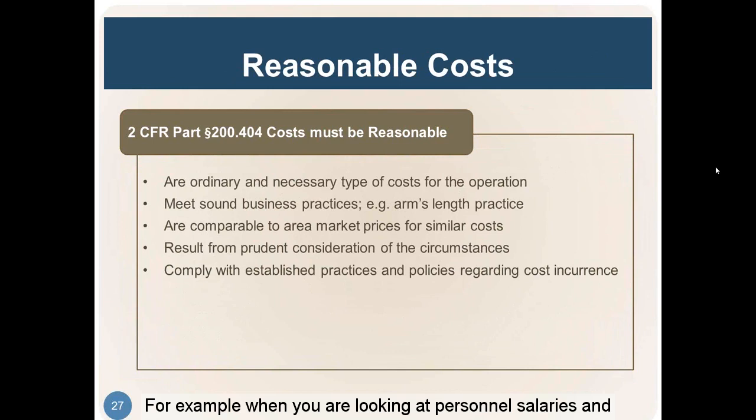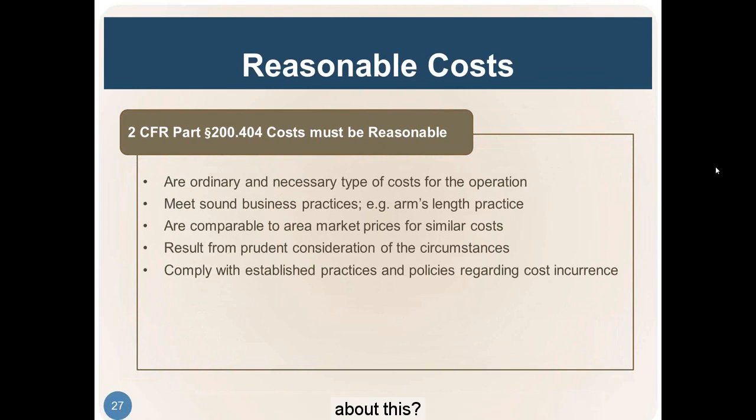For example, when you're looking at personnel salaries and trying to assess, for example, the CEO or other staff, sometimes they can have very high salaries. Well, do you, either in your state, tribe, or territory-wide rules, have a cap that you need to be following? If not, is there a cap you might want to borrow from another federal program that has more specific rules about this?